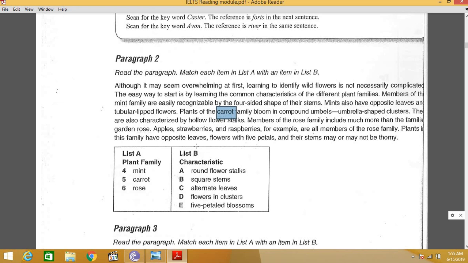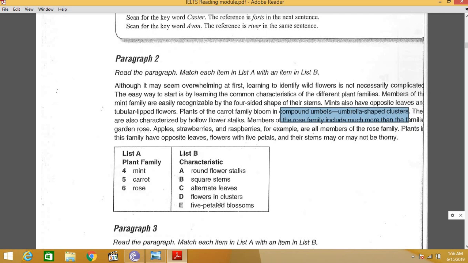Well, now look, carrot, plants of the carrot family bloom in compound umbels or umbrella-shaped clusters. This is a characteristic. Then now we have to compare what we have found with the answers here. Compound umbels, umbrella-shaped clusters.